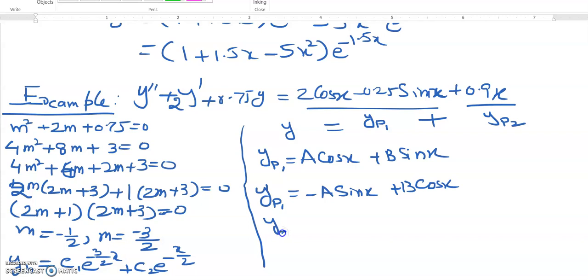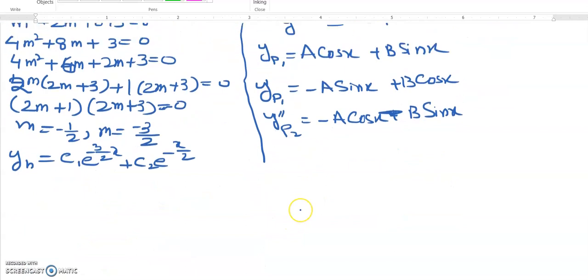Differentiate again: minus a cosine of x minus b sine of x. Now we need to substitute these derivatives into the original equation.